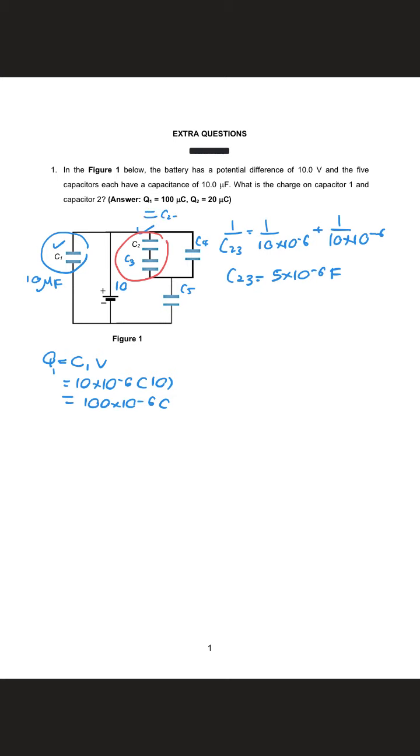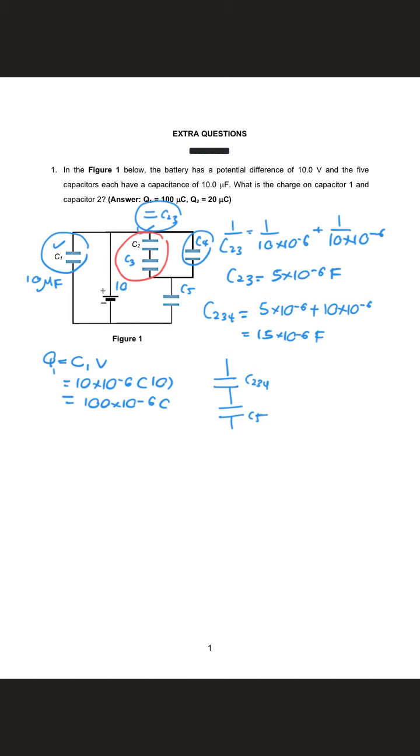Now this arrangement is combined as one. C23 will be parallel with C4, so to find C234, you just add everything up: 5 power of -6 plus 10 power of -6 gives 15 power of -6 farad. This combination is then one capacitor, C234, and it is in series with C5.